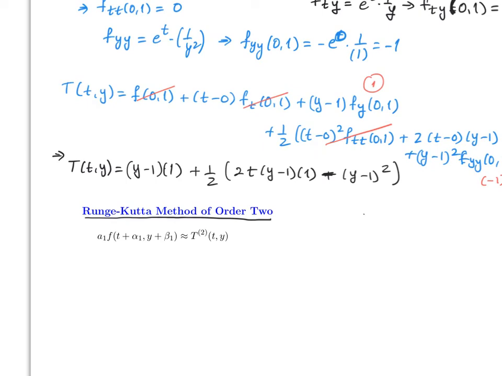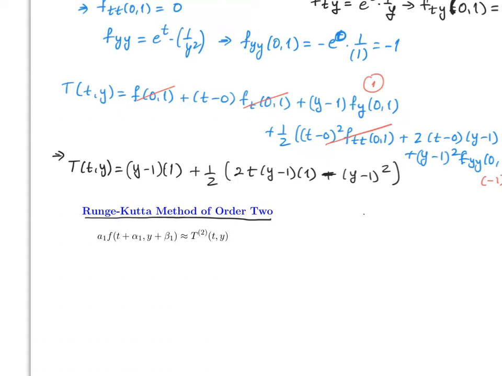You want to find three parameters, a1, alpha 1, and beta 1, so that when you do the Taylor expansion in two variables of this function, it is approximately equal to the Taylor method of order 2 that we did in the last section.